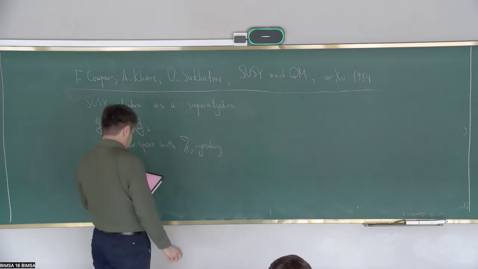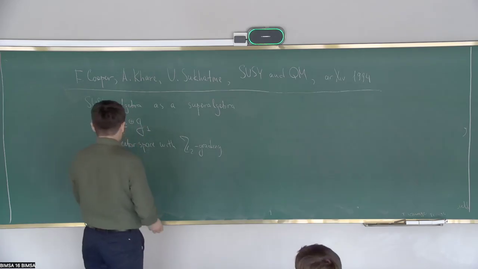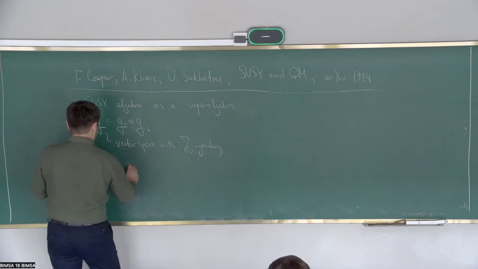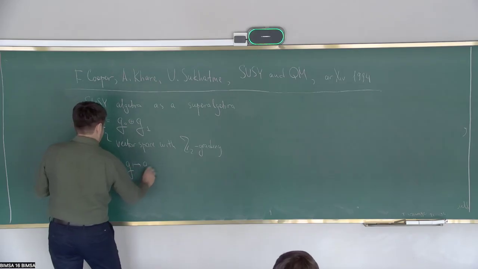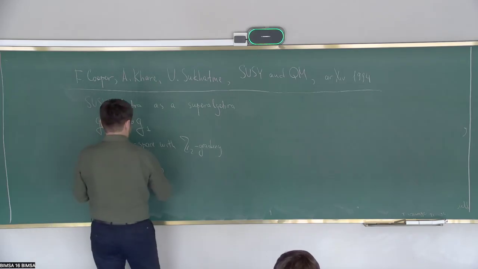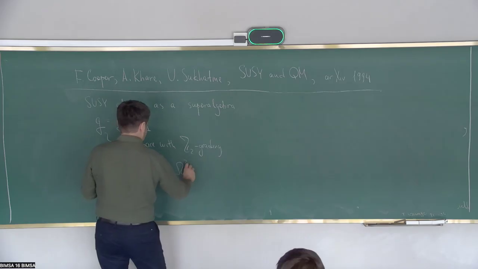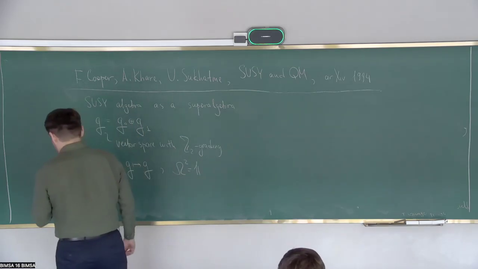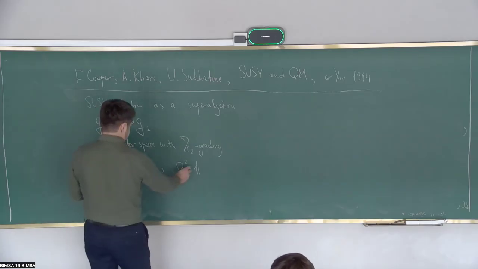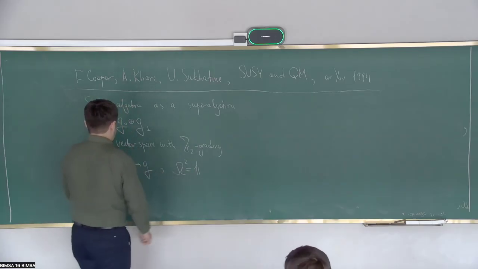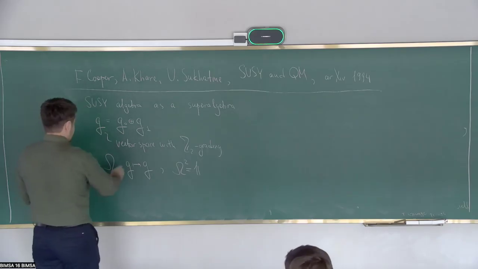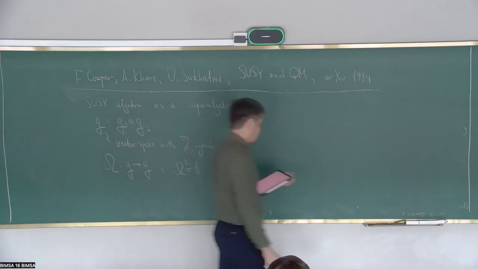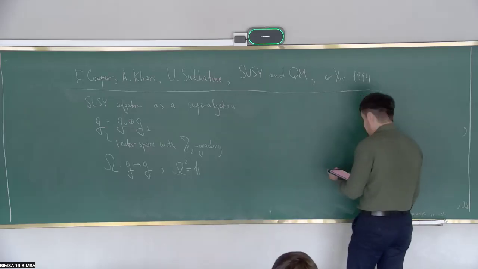That means that there is some linear operator omega that maps G to G, such that omega squared is 1, an identity operator. And so its eigenvalues are plus minus 1. G0 and G1 are eigenspaces of omega with eigenvalues plus minus 1.